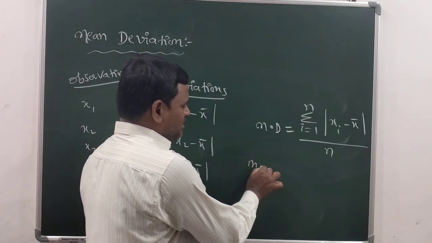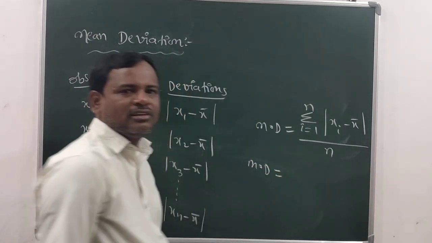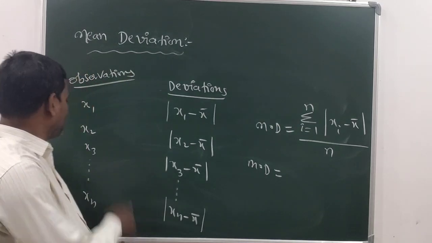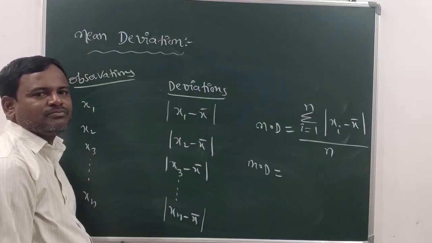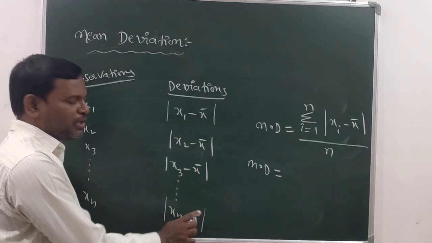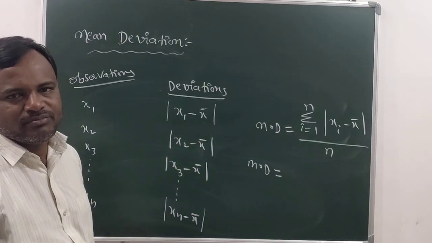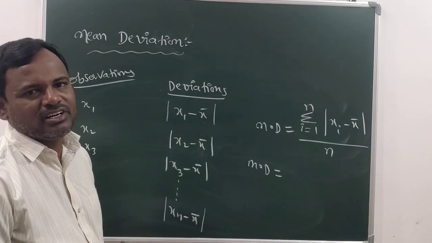In such a case you have to subtract that median from all these observations. In the place of x bar, simply write capital M, the median of the data.